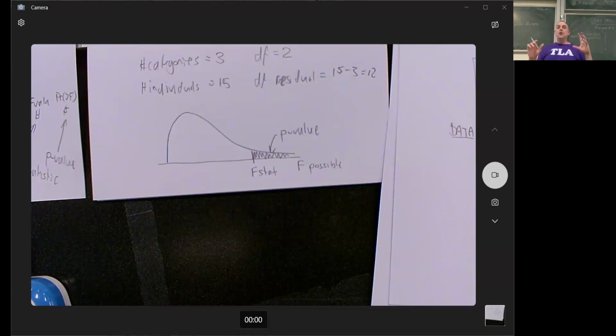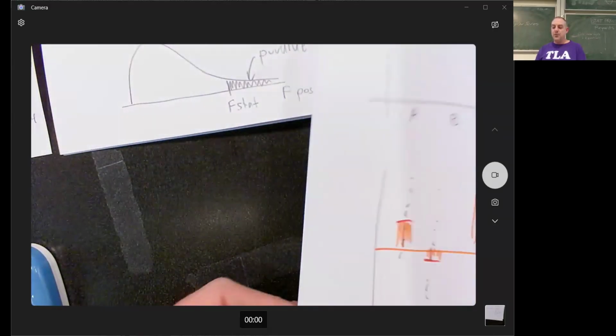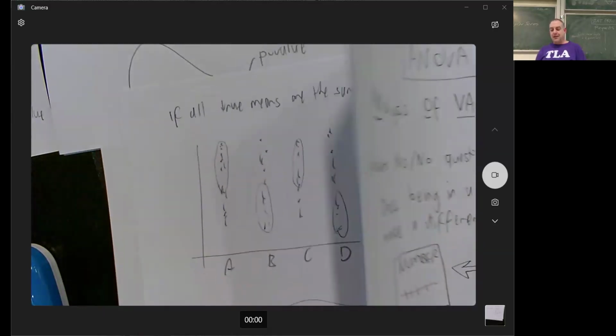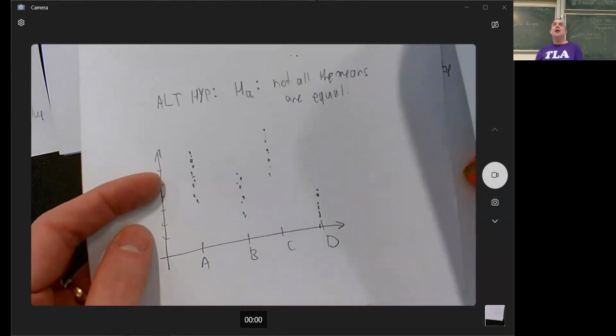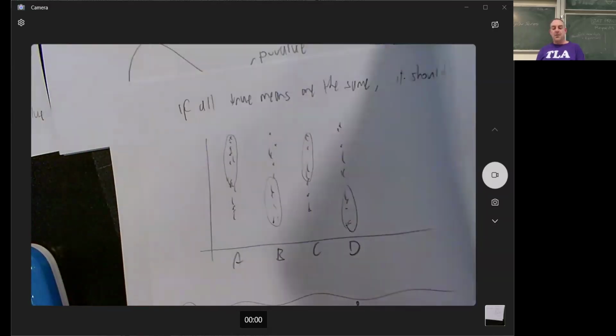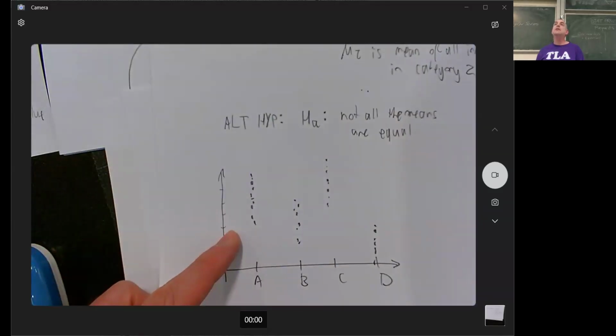So you're saying that if that's really small, then if what's possible for all possible people really is this, what are the chances of getting data like mine? And if that's a low p-value, you go, nah, I don't reckon this is possible, because this was unlikely.